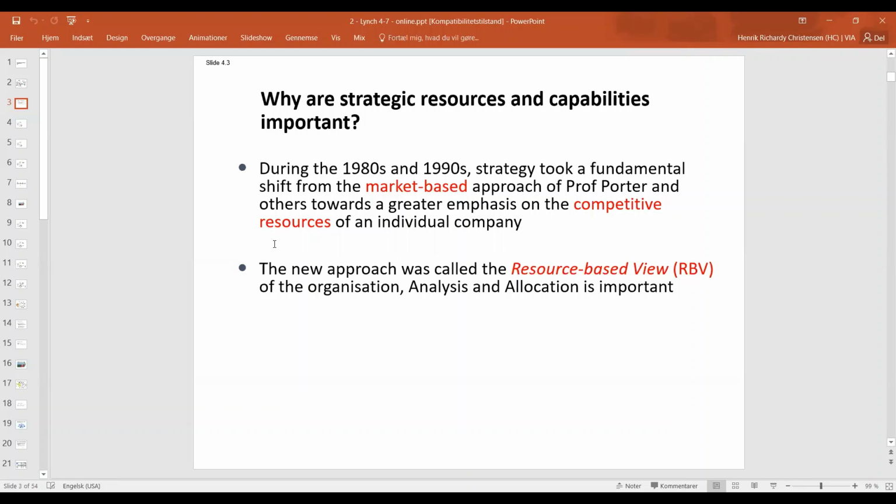And that meant that if we would like to save money and make a profit, we would have to start looking at our resources. So the resource-based view is also a consequence of us being in a situation where we need to create profit. And we'll get back to that in a later session. But for now, it's not something that has been there all the time, but resources are certainly important.